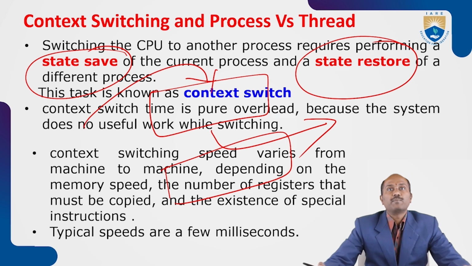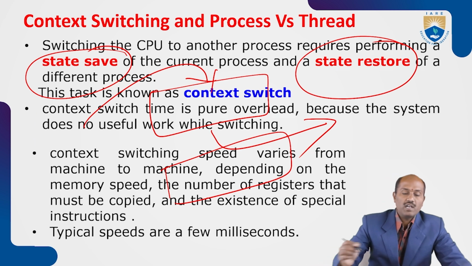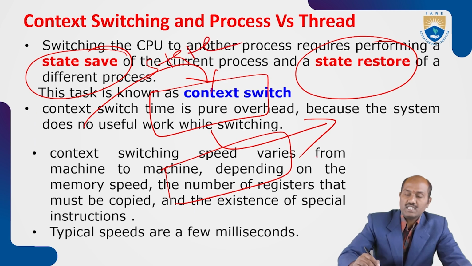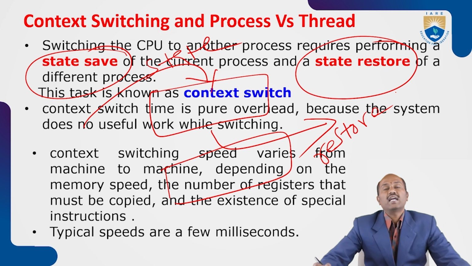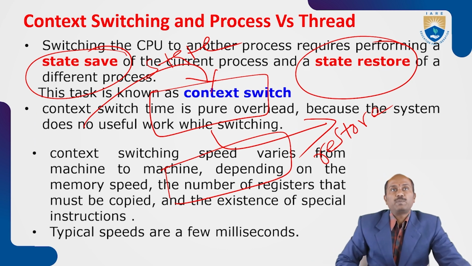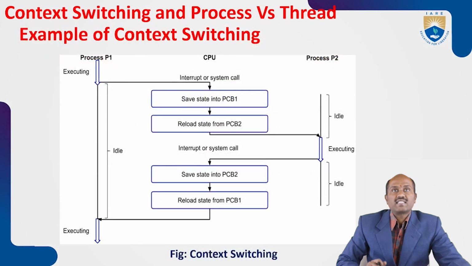Context switching speed varies from machine to machine. So one process is in the state save state, and the other process is going to the restore state. That is how the switching takes place. I will explain it in my next slide.